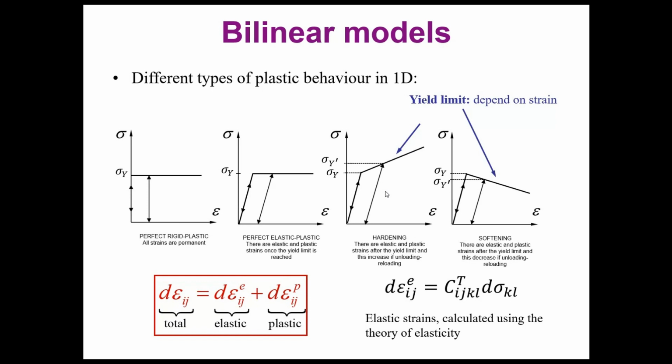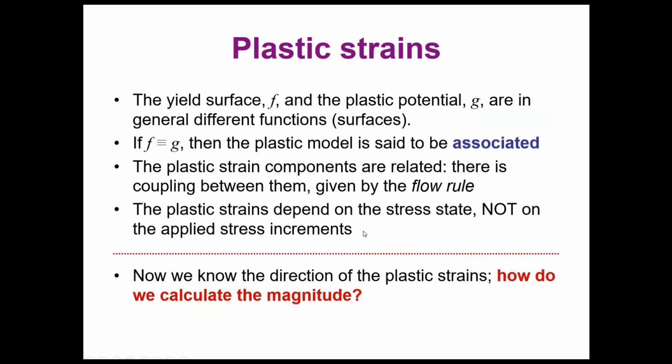So you need to have control in your model about this situation as well, and in order to do that, you need to define a few more things. So the plastic strains are calculated using the yield surface or the plastic potential. We have said that when the yield surface and the plastic potential are the same, that could happen, the model is said to be associated.